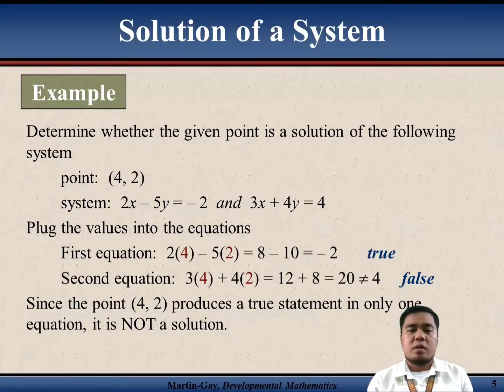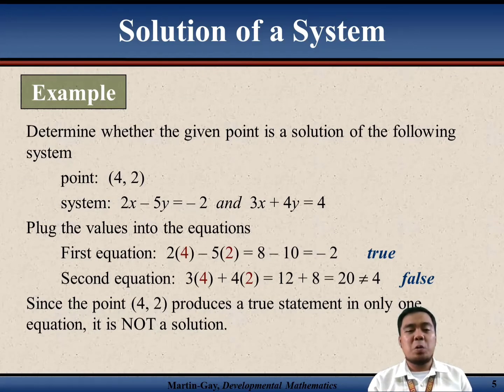Another example: if I am going to test 4 and 2 in my system, 2x minus 5y is equal to -2, and 3x plus 4y is equal to 4. Again, I am just going to substitute the values of x and y into the two equations. In the first equation, we notice that the value is true: -2 is equal to -2. The ordered pair satisfies the first equation.